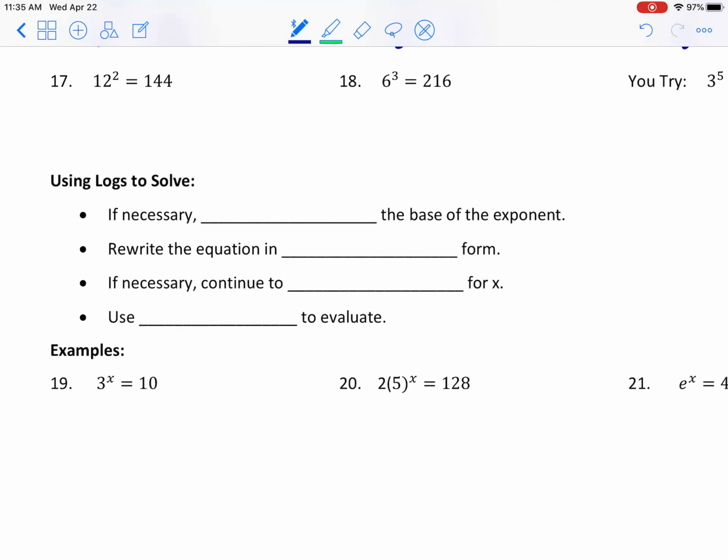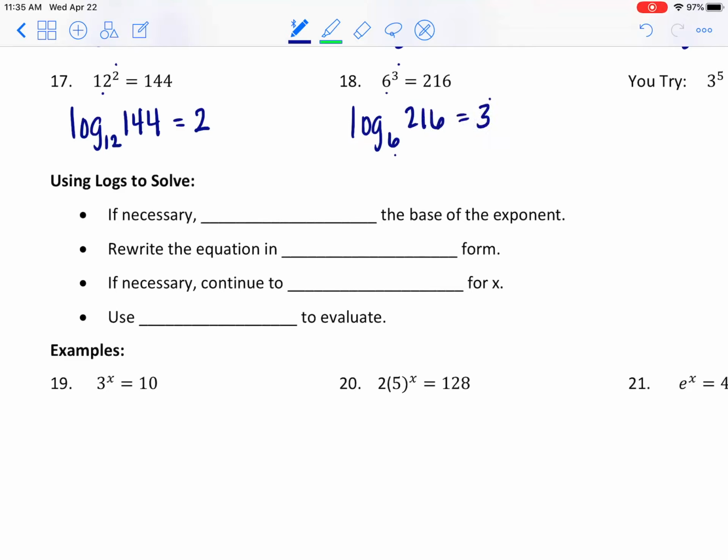Now going this direction tends to be a little bit harder because we're introducing a log, and it's not as intuitive as the exponential. If we wanted to rewrite 12 squared equals 144 as a log, the base of the exponent is 12, so the base of the log is going to be 12. And remember, the exponent becomes the answer. So it's log base 12 of 144 equals our power of 2.